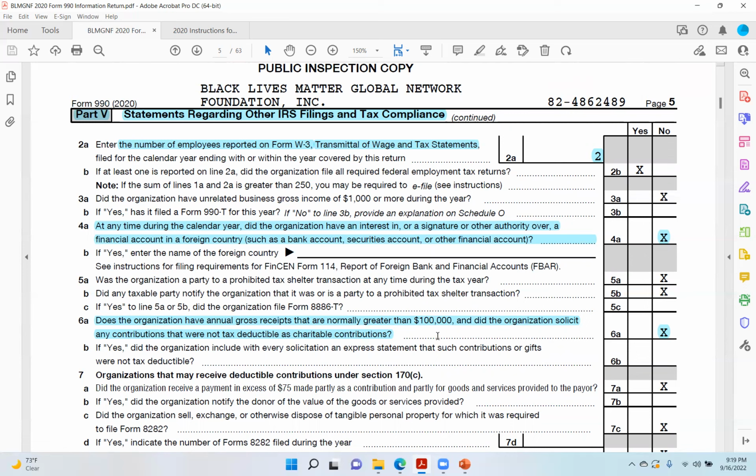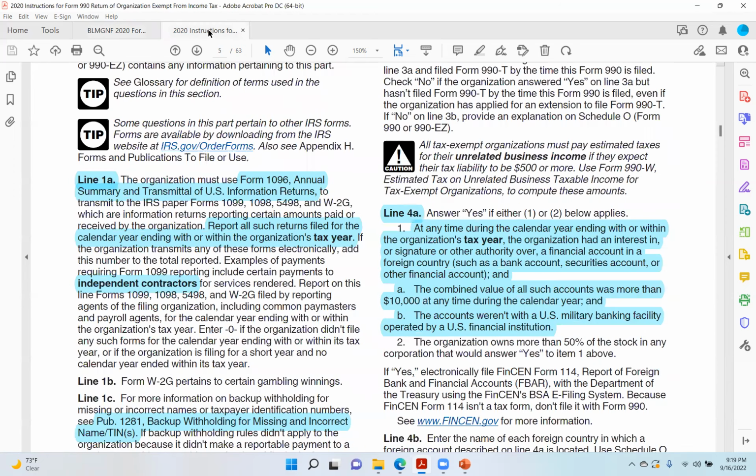And did the organization solicit any contributions that were not tax deductible as charitable contributions? Now, because I'm totally confused by the answer no here, let's go out to the instructions because maybe I don't understand what this question means. So let me go to the instructions and let me go to line 6A under part 5.